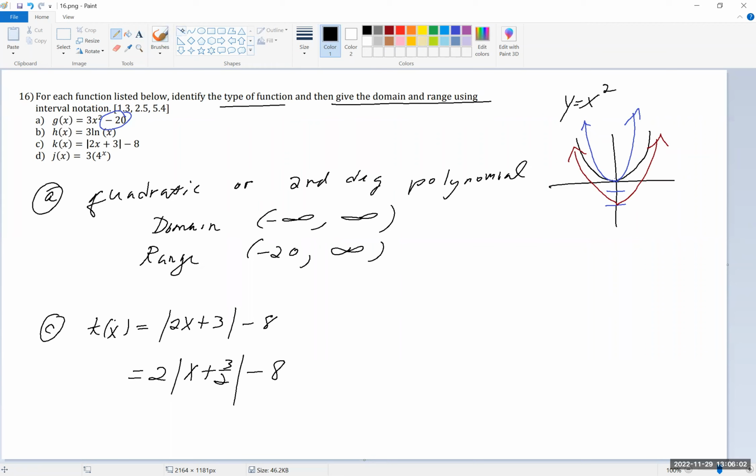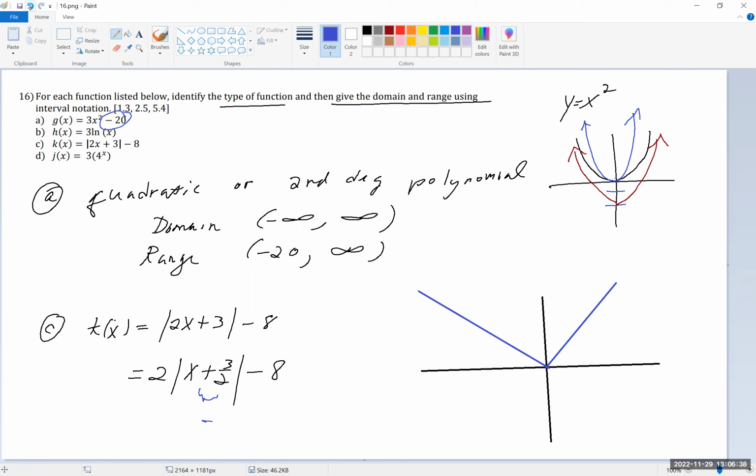And to remember that the parent function is going to look kind of like a V. So the plus 3 halves is moving it to the left.